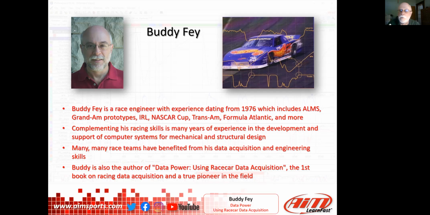Certainly prototypes and GT cars have been the big bulk of it, but there's been some open wheel stuff. And then most recently, in a complete shift for the last 3 years, I've been the tech director for SCCA Pro Racing's FR, formerly known as F3, and F4 series, which are spec series for training young drivers who have aspirations to make it in professional racing.